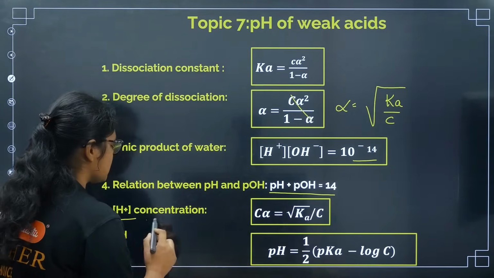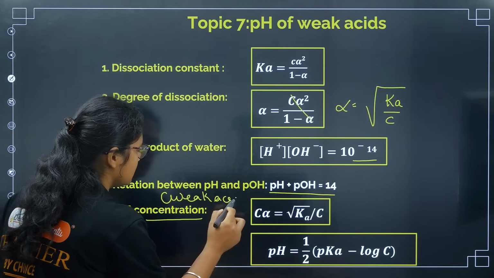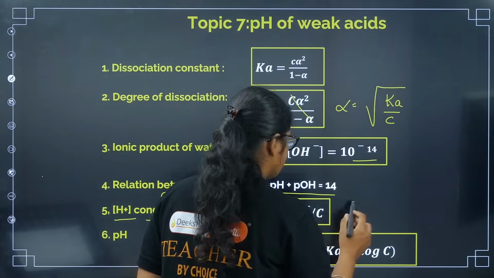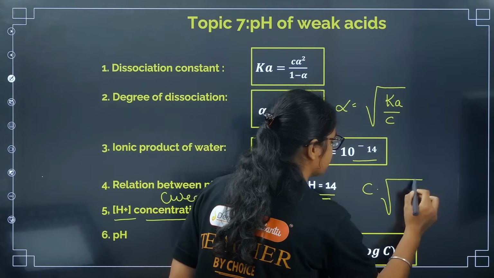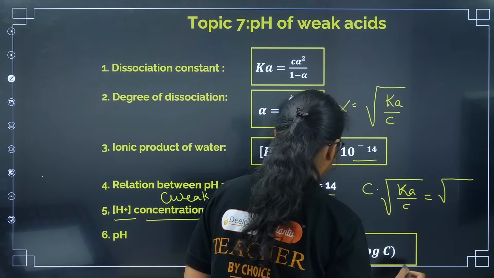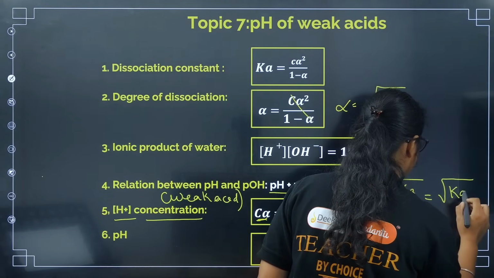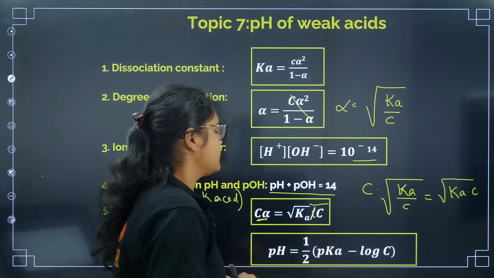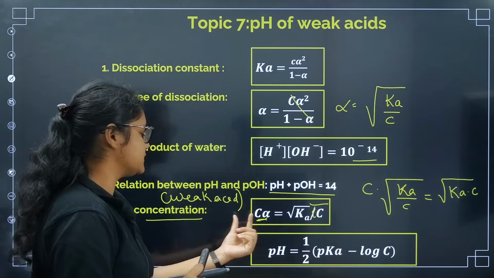Now what is the H plus concentration if it is a weak acid? H plus concentration is C alpha, and we can write C into the alpha value like this, root over of Ka by C. Now this C we can cancel and I'll get root over of Ka into C. So we will get root over of Ka into C for the H plus concentration.